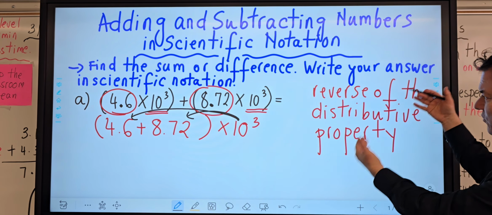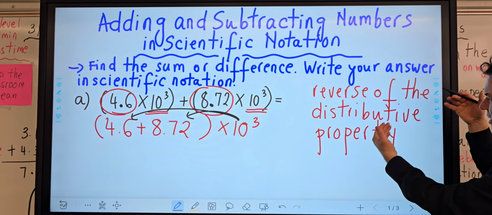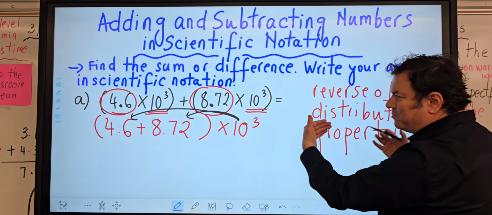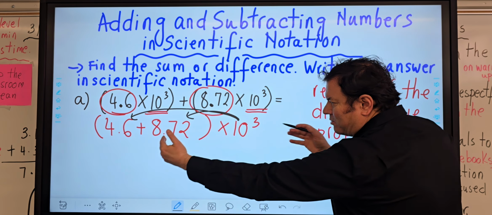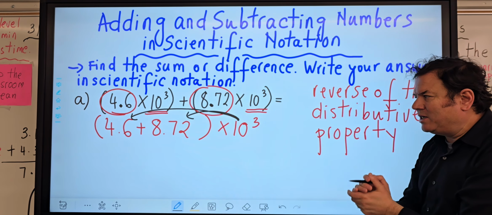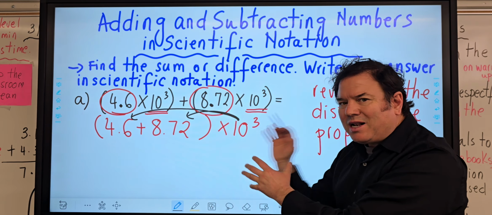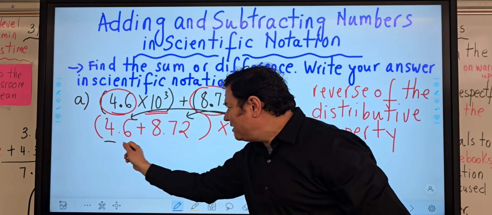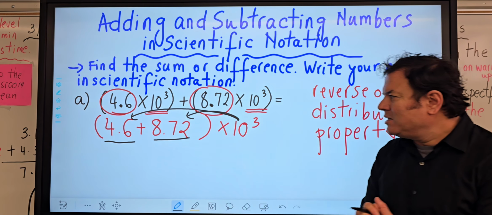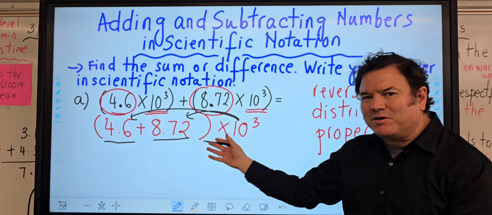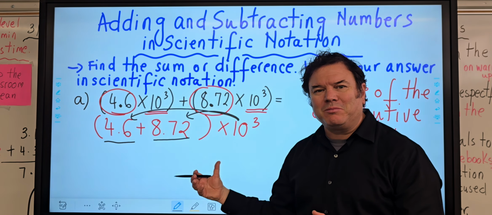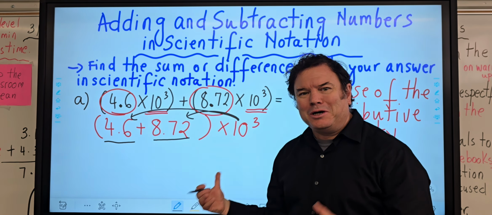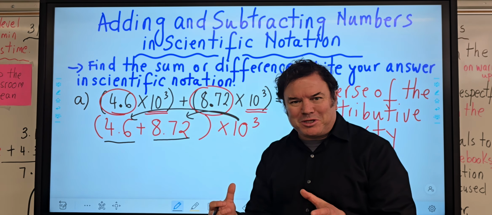But by using the reverse of the distributive property, we got back to this compressed version. And now we can clearly see that we can add 4.6 plus 8.72 because both of these decimal numbers are inside of the parenthesis, and we can combine them together.